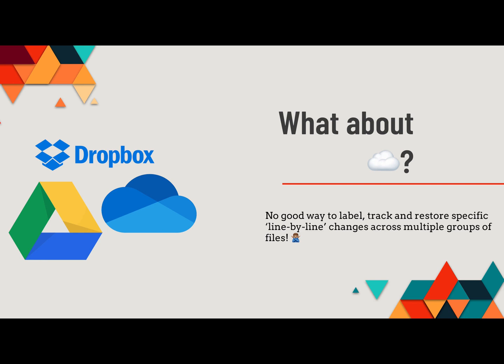It's great for just single documents, but not so much for entire code repositories or collections of files that we need to track, not only for an individual user, but across an entire development team. And that is exactly what Git does for us.